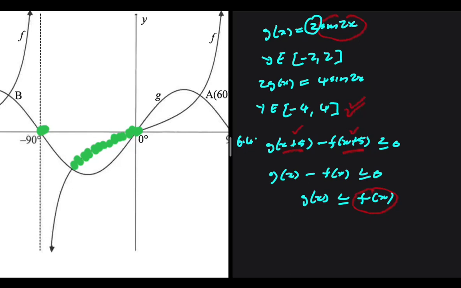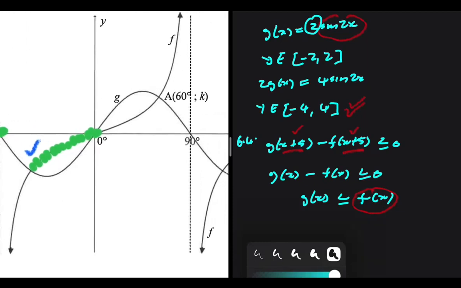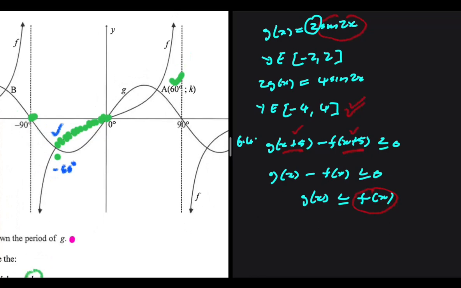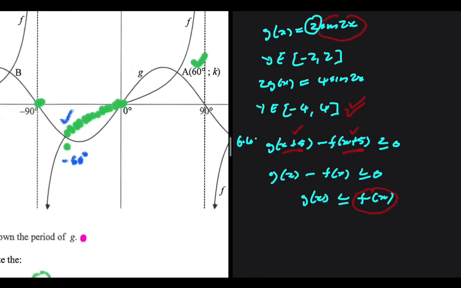Do you know the x values for this point where they intersect? Let's go ahead and see if we can deduce that. If you look at A, the x-coordinate of A is 60. The x-coordinate of this point where they intersect will be minus 60 degrees. Why are we saying that? Where is that coming from? Take a look at our graph.